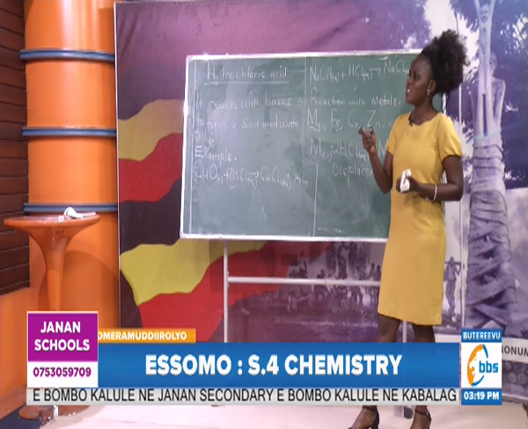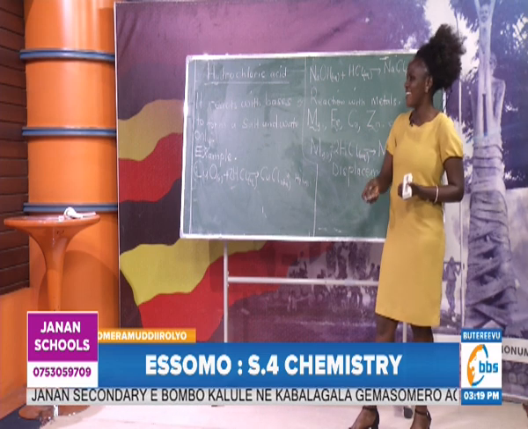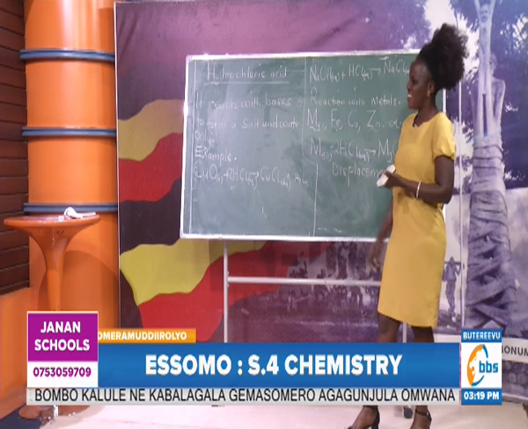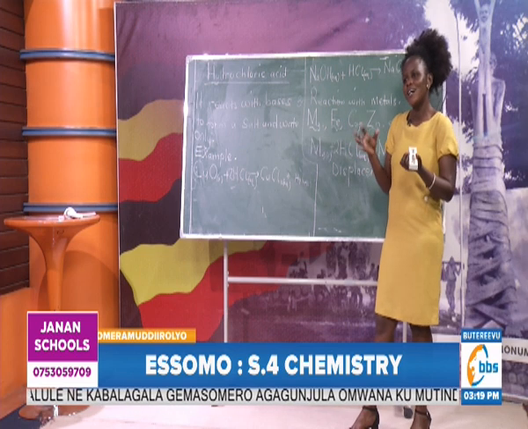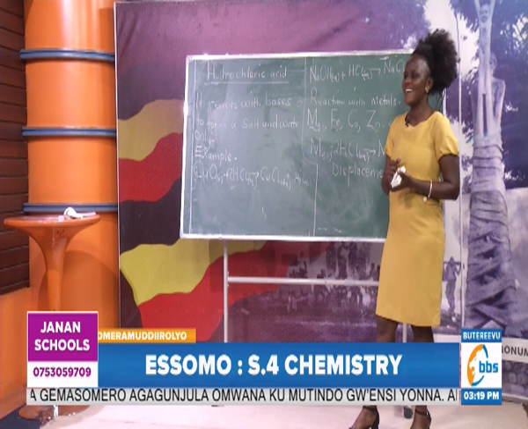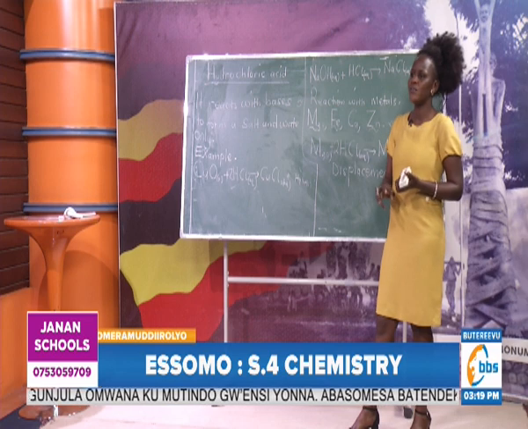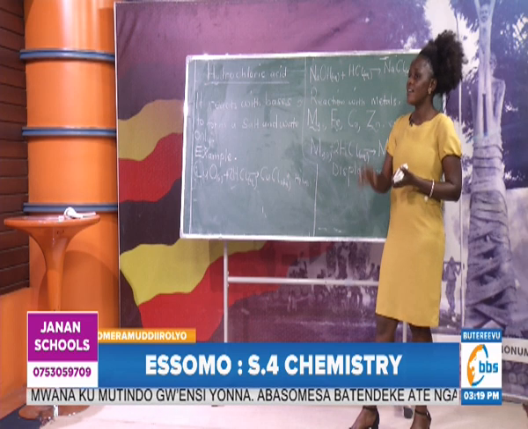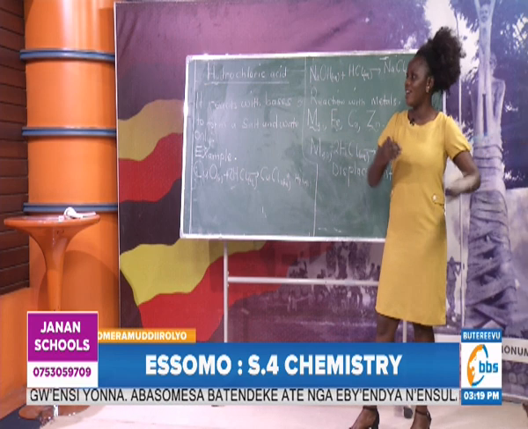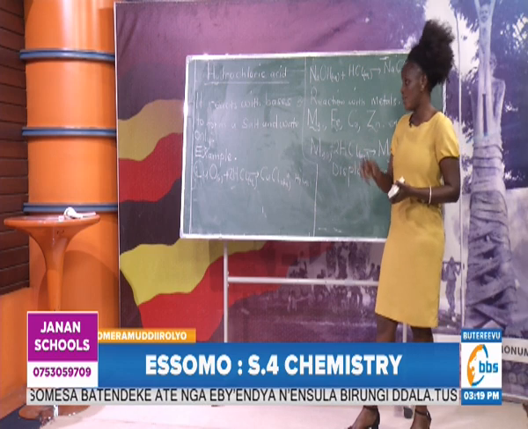But me, when I'm teaching students who are sharp, I always tell them, if it is an acid, always from an ionic equation for the acid, you only pull out hydrogen ions. But if I'm teaching our moderate learners, I always tell them, please, first write the molecular equation, form ions from there, start cancelling out ions that are similar on either sides, and then what you're left with is what we term as an ionic equation.